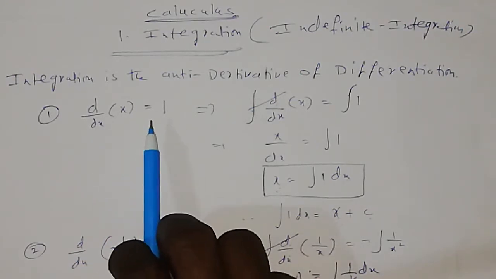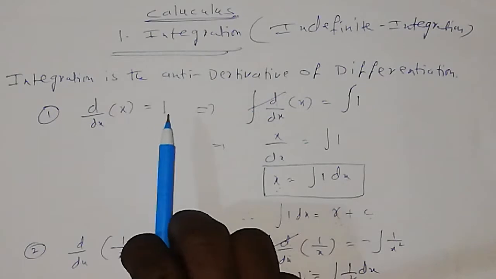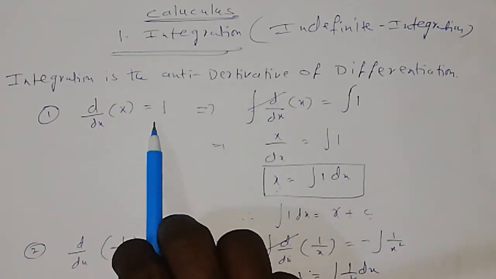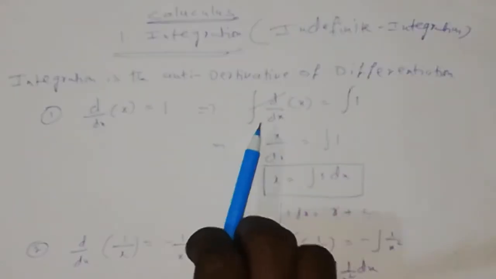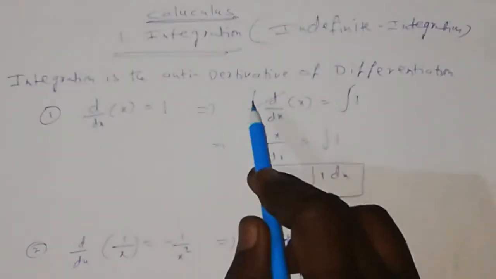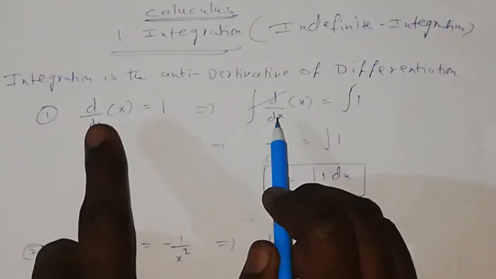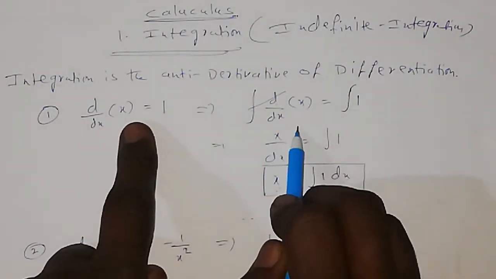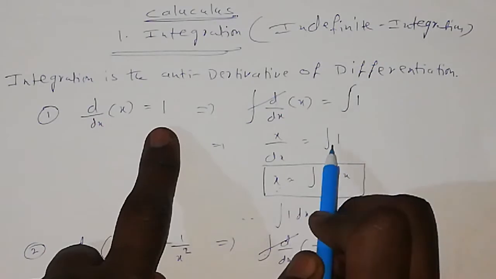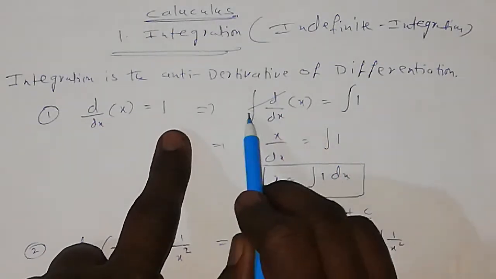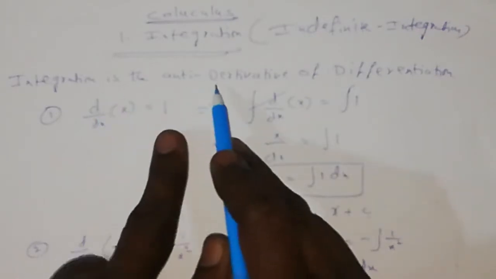So now we are going to get the integration formula from this one. I am applying integration on both sides. This curve is the symbol of integration. Integration of d by dx of x is equal to, and on the right side also I am applying integration of 1.